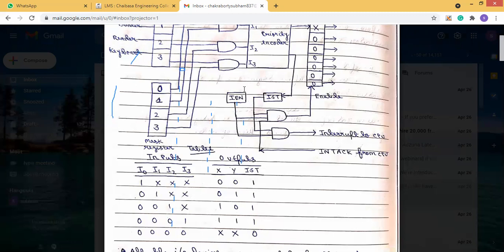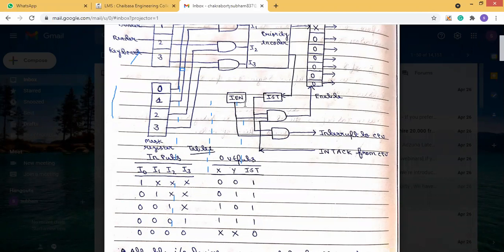And if IEN value is 1, that means interrupt will be handled by CPU. Okay, so IEN is also represented as a flag. It has two outputs, 0 or 1. 0 means that CPU will not handle the interrupt, and 1 means CPU will handle the interrupt.